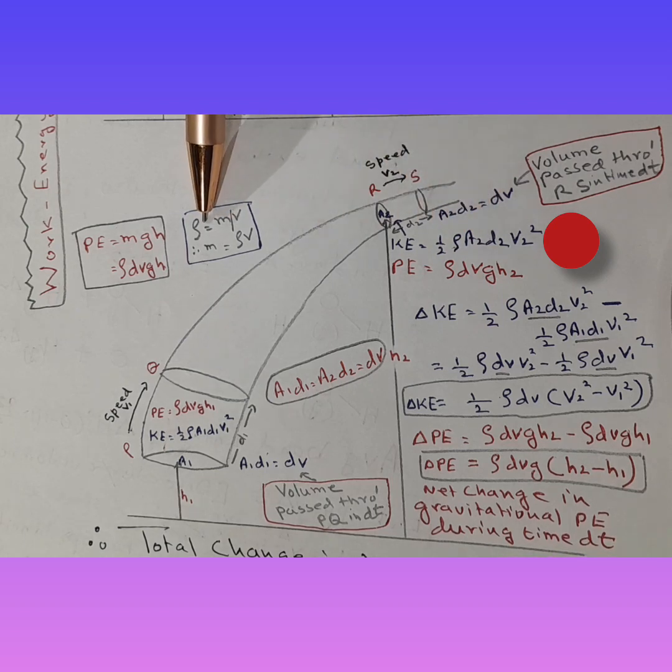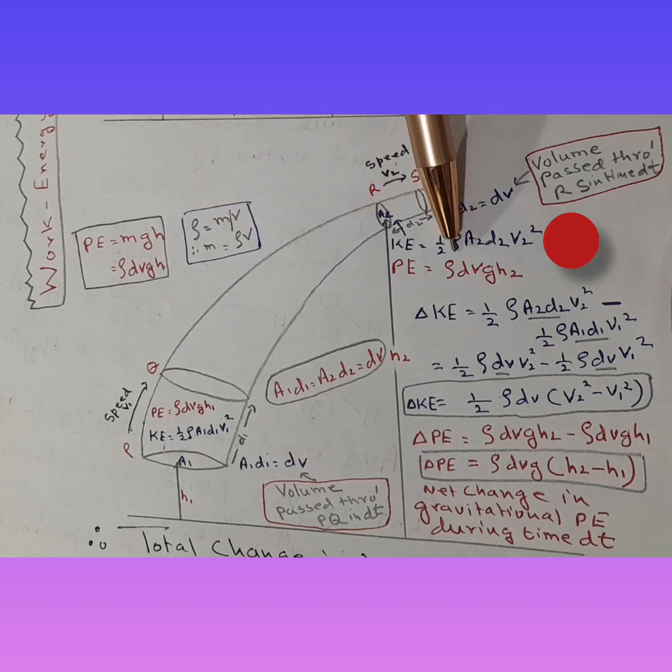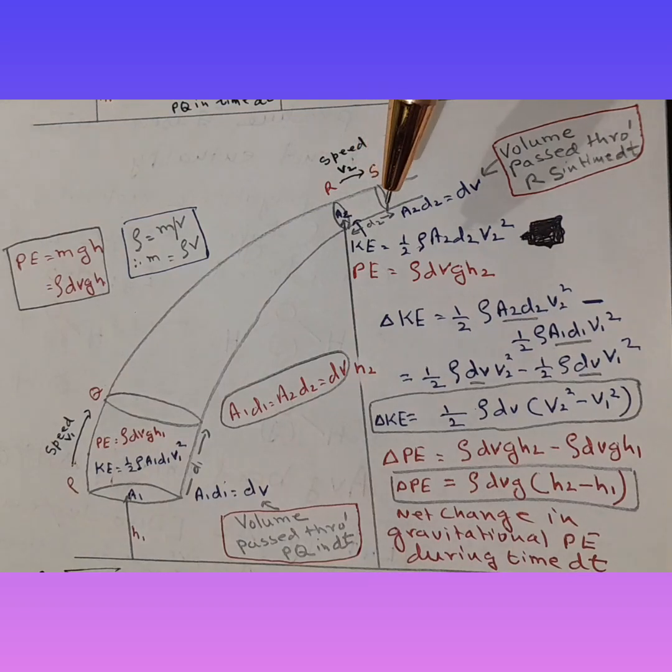How? Rho, that is density, is equal to mass over volume. So mass is equal to rho into v. So this rho into v becomes mass, and v2 square is the velocity. So the formula for kinetic energy becomes half rho a2 d2, that is dV for this, into v2 square. So this becomes the formula for kinetic energy.